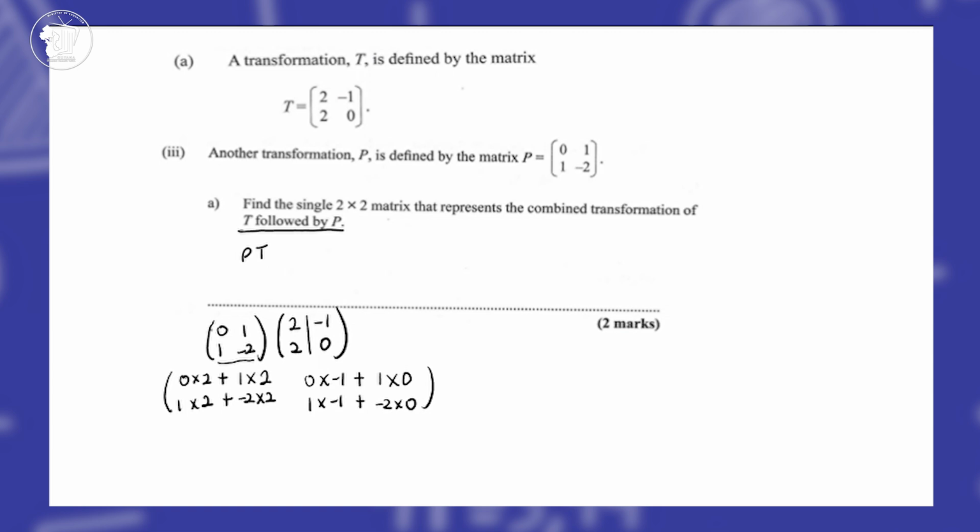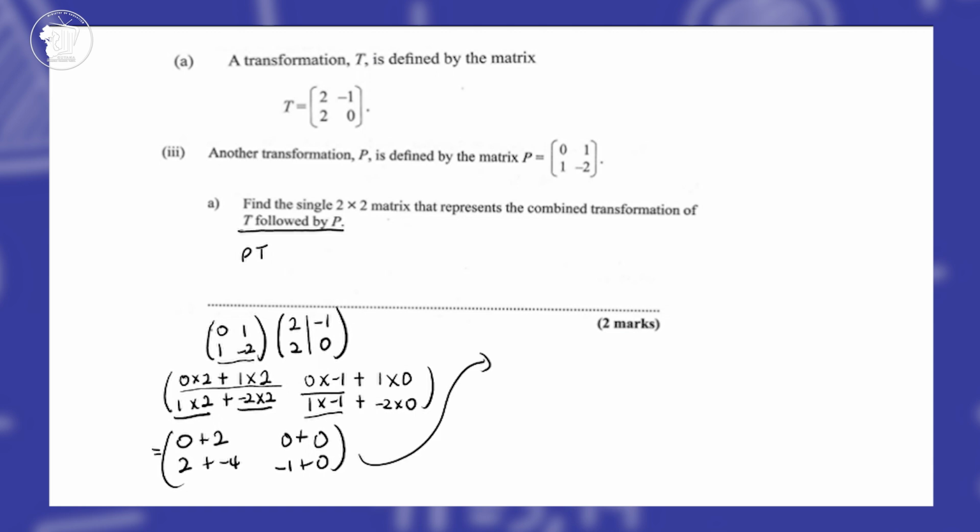Working on the top here, we have 0 times 2 would be 0 plus 1 times 2 would be 2. 0 times -1 would be 0 plus 1 times 0 is 0. Then 1 times 2 would be 2 plus -2 times 2 would be -4. And 1 times -1 would be -1 plus -2 times 0 would be 0.